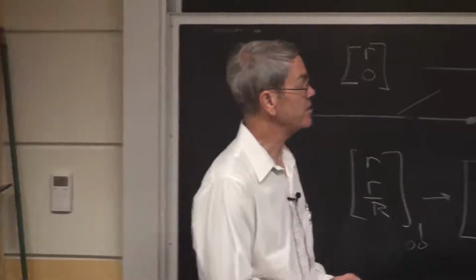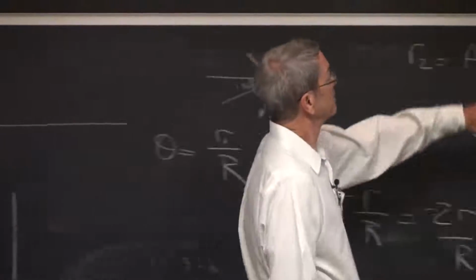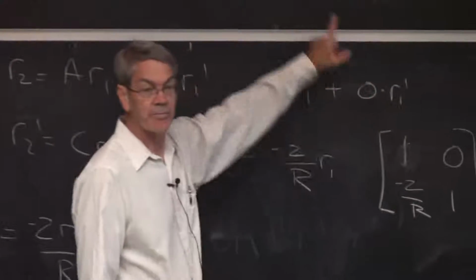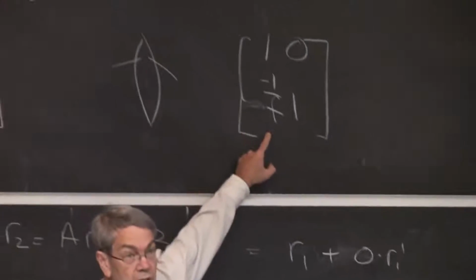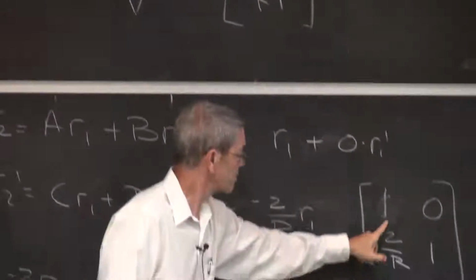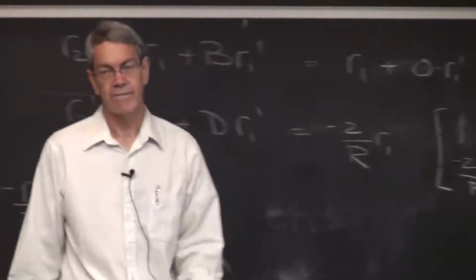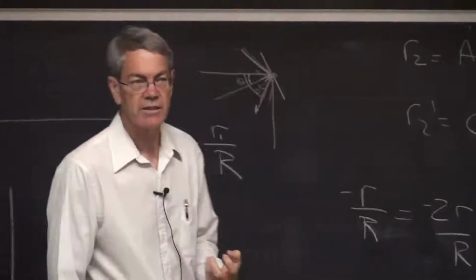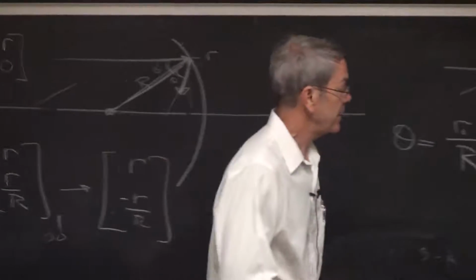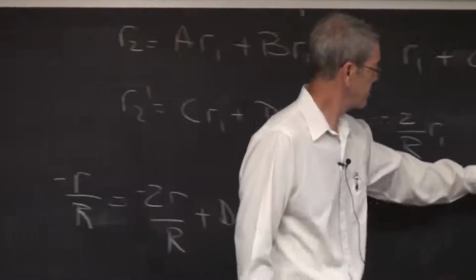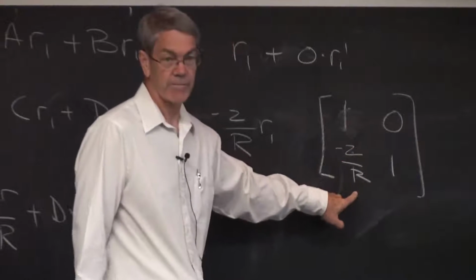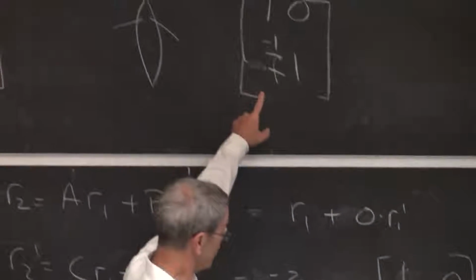Now compare that to a lens. Notice they look about the same. And here I've got 1 over the focal length. So a curved mirror behaves just like a lens. It's focusing, and the effective focal length is 2 over R. Or, I'm sorry, it's R over 2.